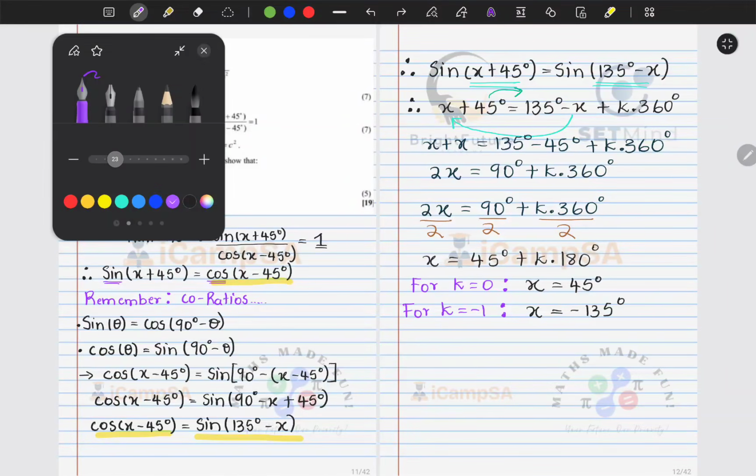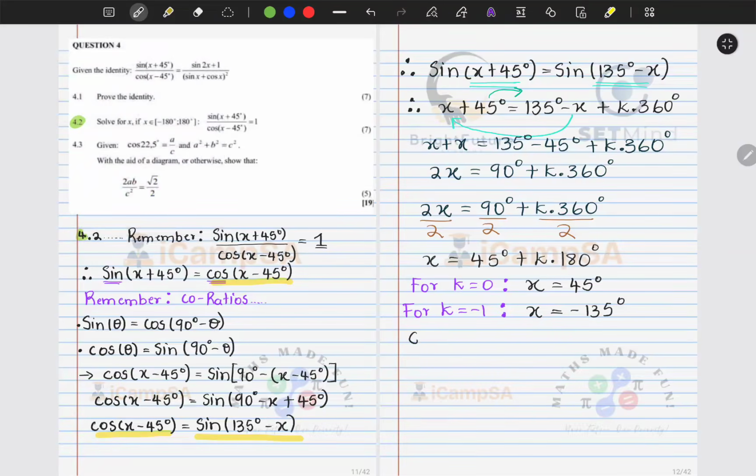So it means that if we can get, let's say, cos of x minus 45 not to be equal to 0, then this will work out. Okay. So what we can do is force it to be equal to 0 and then exclude those values. What do I mean?